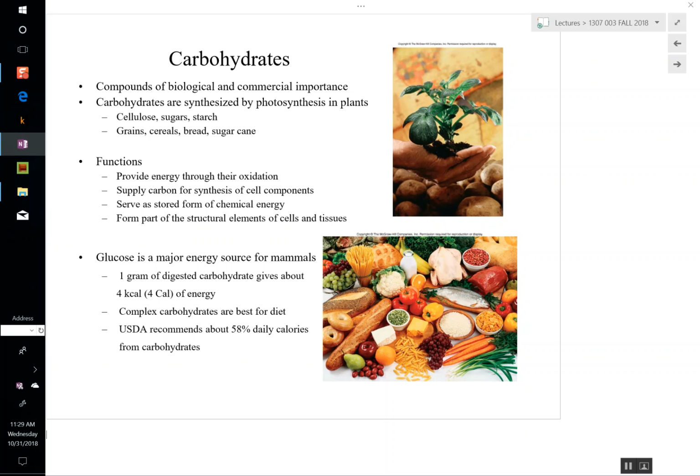I should change this slide because this number keeps changing all the time. You get into a keto diet, and it's very low in carbohydrates. So that number is up for debate and discussion, and some people would say that'd be way too high.